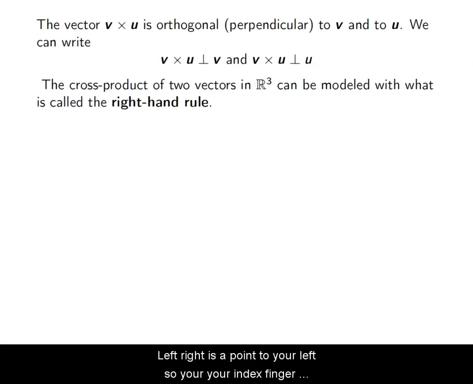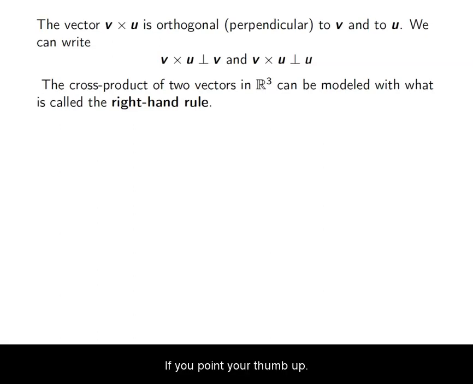So your index finger points straight, and your middle finger points to the left. These are your two vectors, one is v, one is u. They are in the same plane. You could put your hand on a table and both your pointer finger and your middle finger should lay on the table.